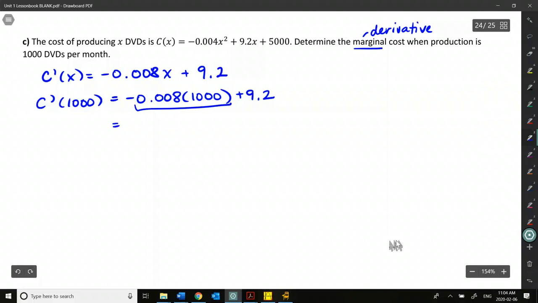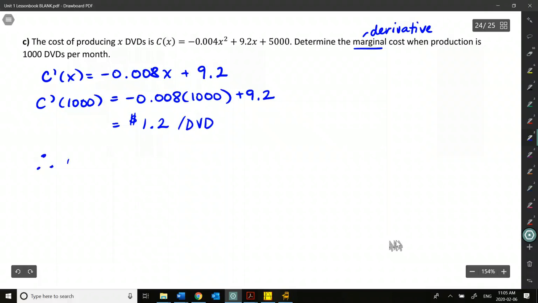Okay, so from the first part here, we get -8. -8 plus 9.2 is 1.2.